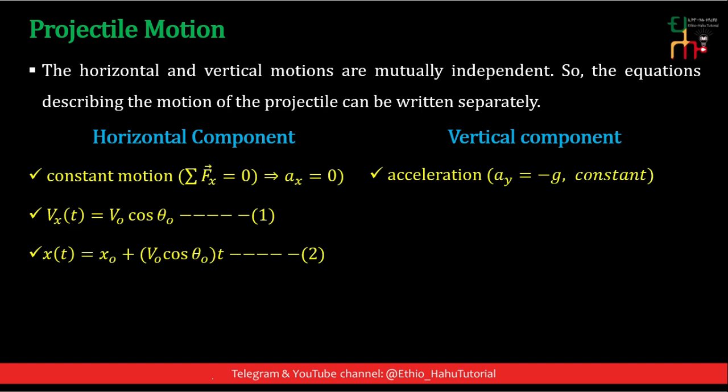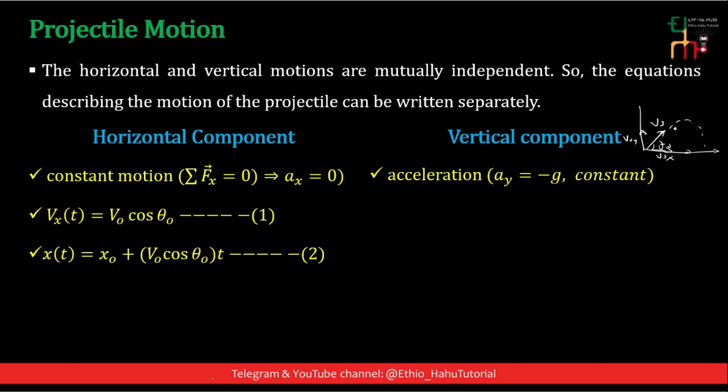Due to this net force acting along the vertical direction, the projectile has a vertical acceleration, ay, equal to minus g, because this is the projectile motion, v naught, theta naught, and this is the trajectory of the projectile. This one is v naught x, this one is v naught y.